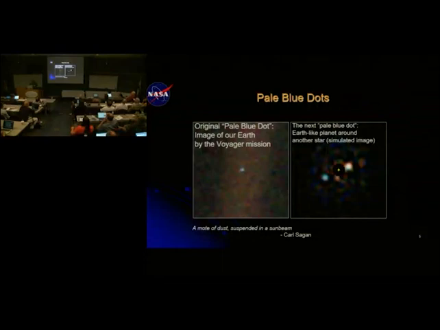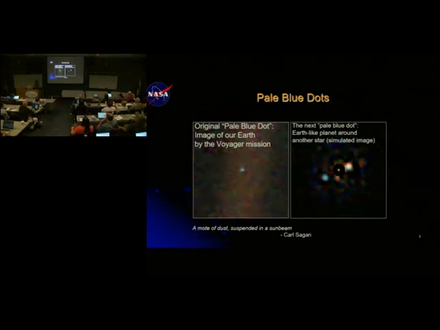But if we're talking about looking for extrasolar planets, we are looking at them from much, much farther away. And so even if you look at it much closer than another star, this is an image taken by the Voyager mission at the behest of Carl Sagan, just as the Voyager mission was exiting the solar system or close to.